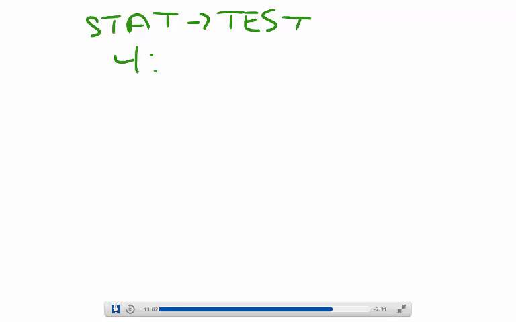We can also conduct a two-sample t-test using a graphing calculator and the following commands. Stat, test. Option 4, two-sample t-test.